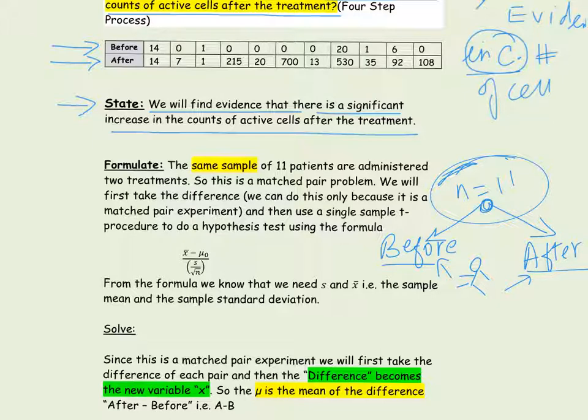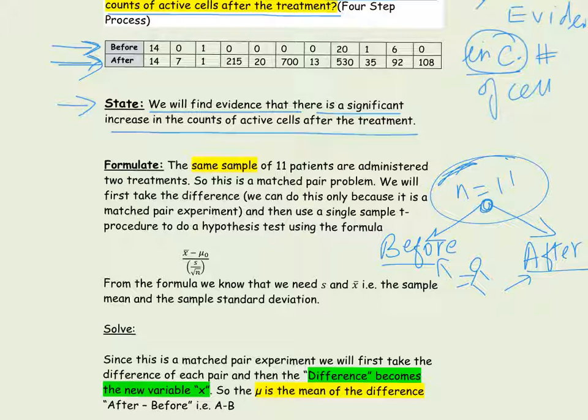The same person gives us two separate measurements, so it's not a two independent sample problem. We have just one sample, and every person in the sample gives us two different numbers, and we tabulate those numbers in the before row and the after row.